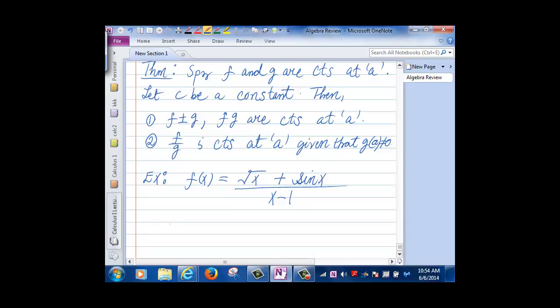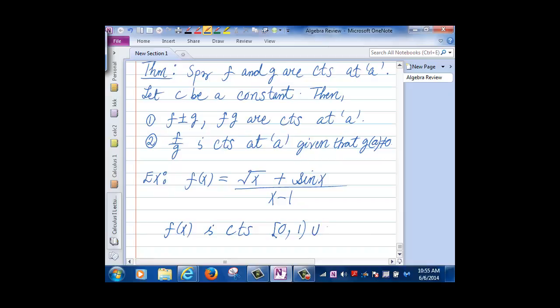So this function f is continuous from 0 to 1, and I'm going to put a bracket here, but this function is continuous at 0 from the right only, okay?